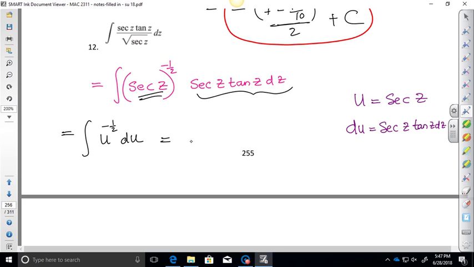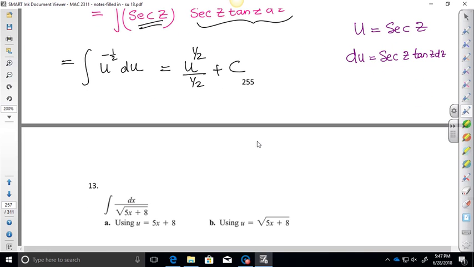U to the 1/2 divided by 1/2, right? That is 2 times u to the 1/2, which is the square root.